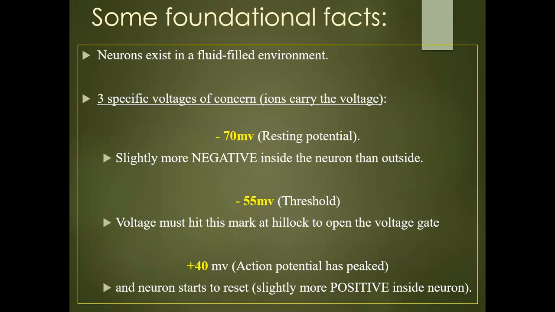Then we have a positive 40 millivolts. And again, I'll tie this all back into the graph in just a bit. Positive 40 millivolts is when we reach what is known as the action potential. This is, in an oversimplified way, the expulsion of energy. This is a moment when we are going to be at our peak amount of difference between equilibrium versus change.